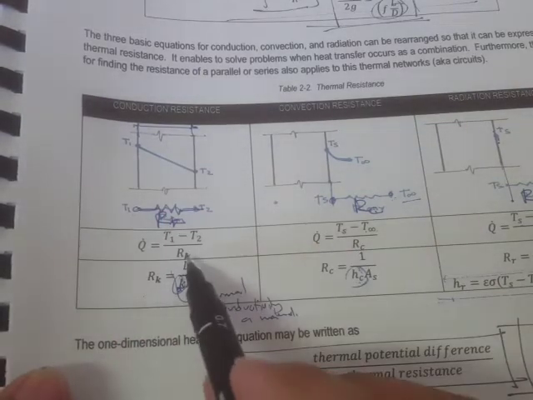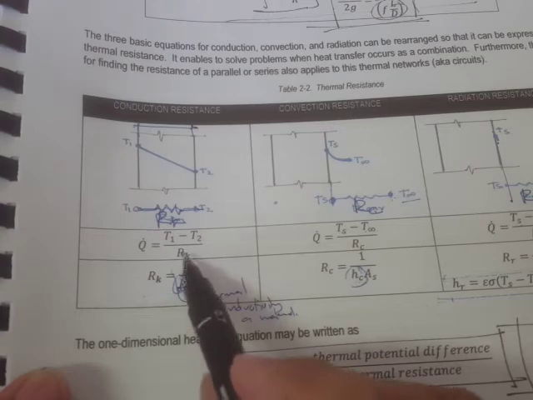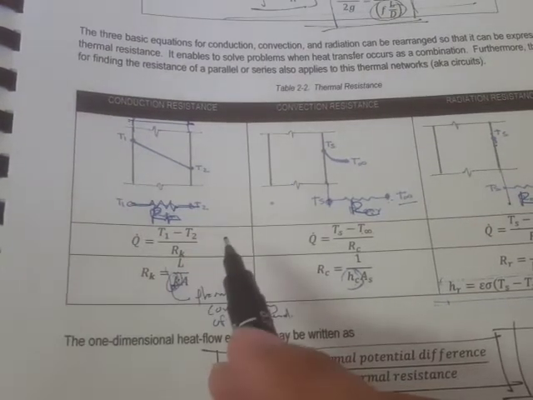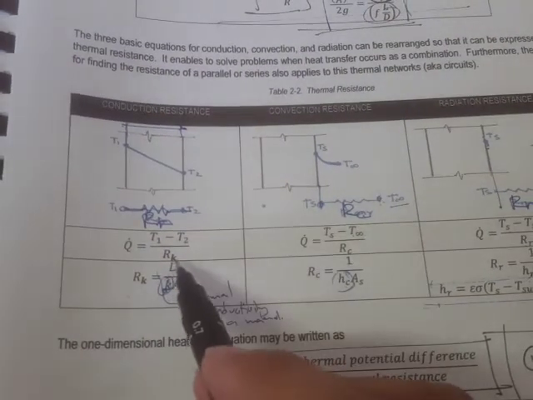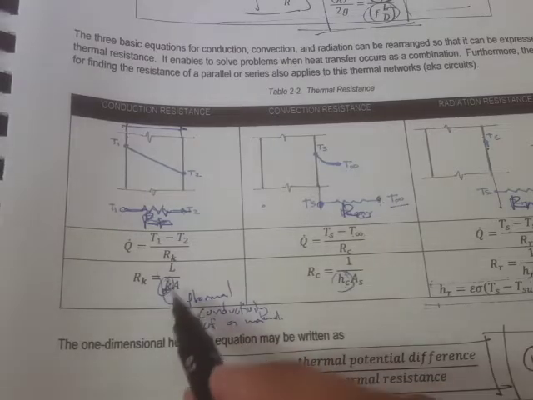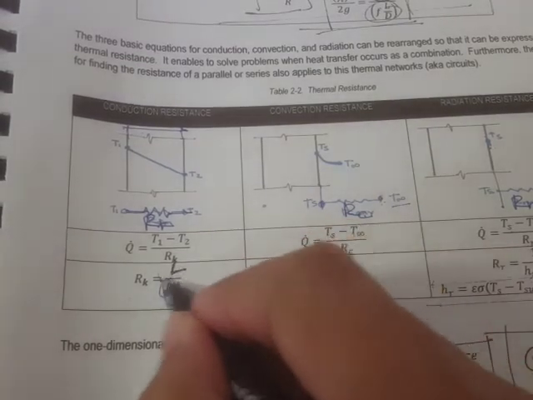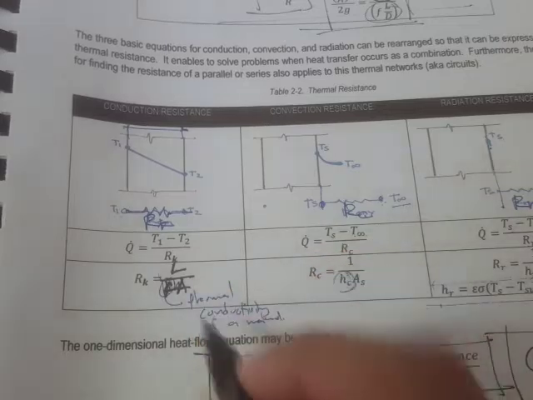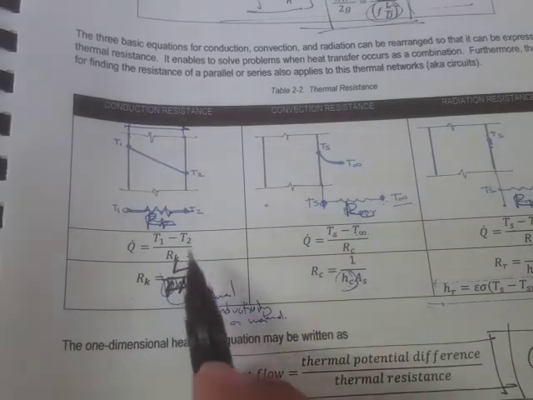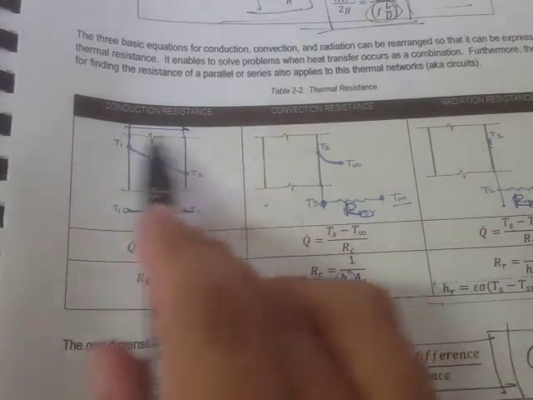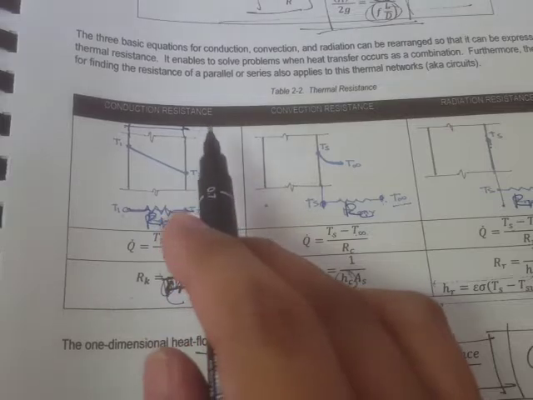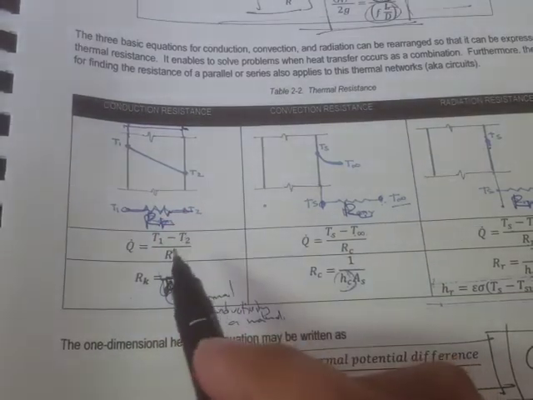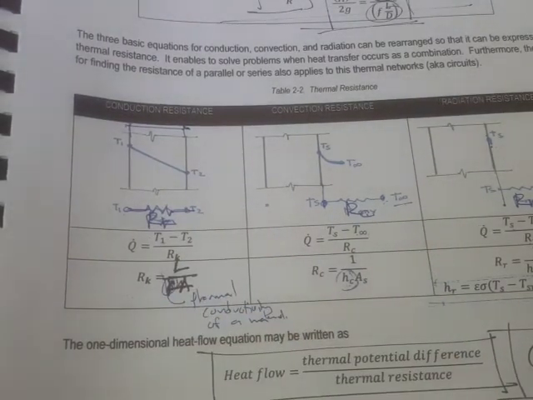Now for conduction, this thermal resistance is labeled as R sub K, which is just equal to L over K times A. What is L? That's actually the length, or the thickness, or what we call delta X in our previous discussion.